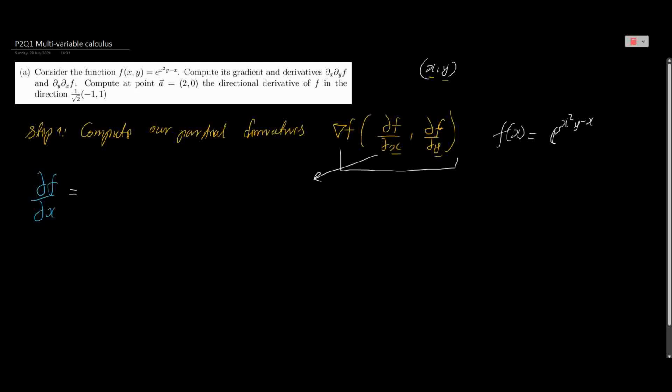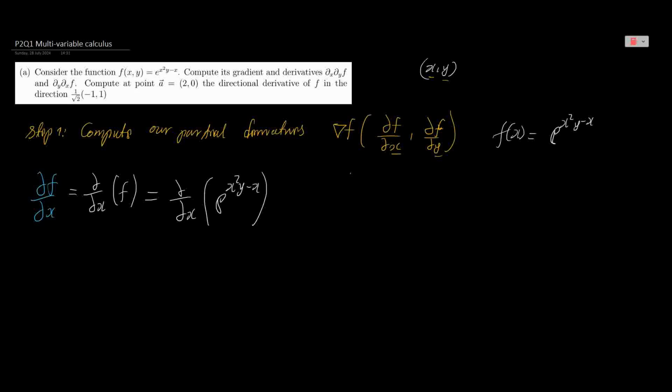Please pay attention to this function. Now, to look for the partial derivative of f with respect to x, we can simply write this as the partial derivative of e raised to the power x squared y minus x. So we need to really pay attention to this function.